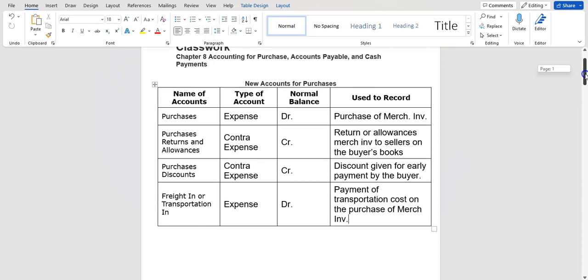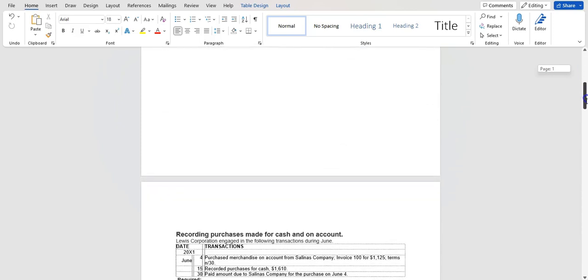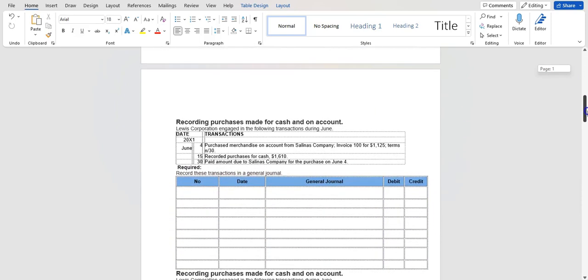Okay, so next we're going to be recording purchases made for cash and on account. So we're going to record those purchases that we purchased with cash, and then those that we purchased on account, meaning we received an invoice with terms.